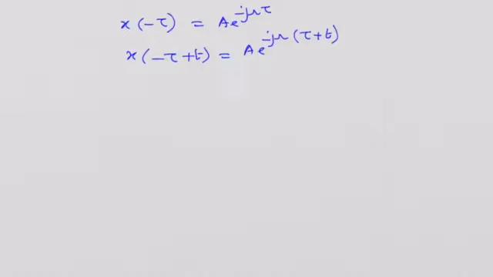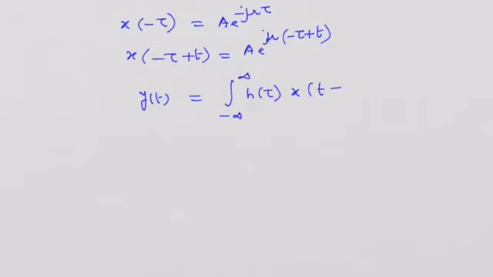Why do we write it like this? Because to compute the output y of t, we require the integral from minus infinity to plus infinity of h of tau as well as x of t minus tau d tau. Now you will understand the reason for the computation of x of t minus tau, which is equal to a e power j omega into t minus tau.